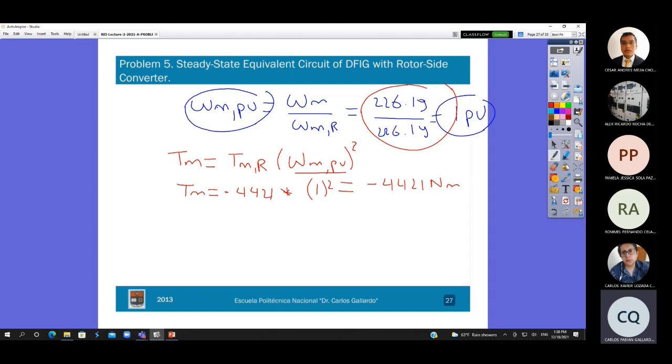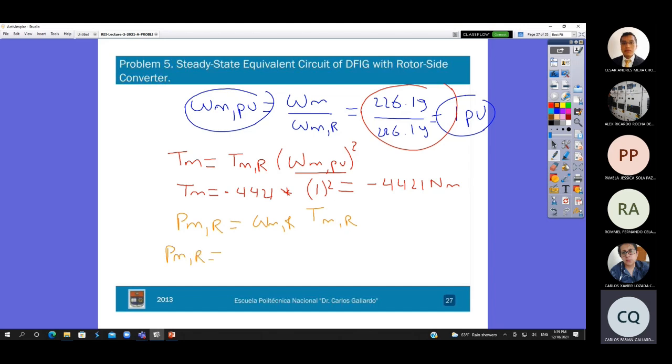This is the mechanical torque. Now, in order to estimate the mechanical power for this new speed, I will start by computing the rated mechanical power. The rated mechanical power is equal to the rated mechanical speed times the rated mechanical torque.